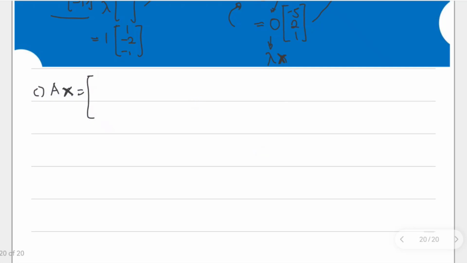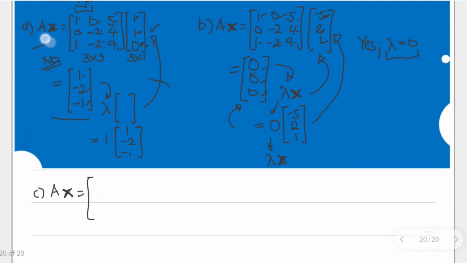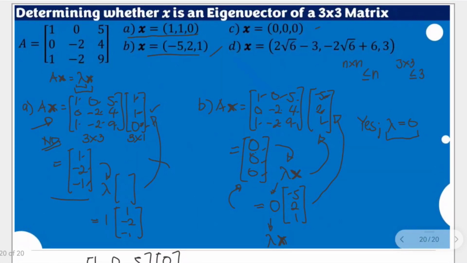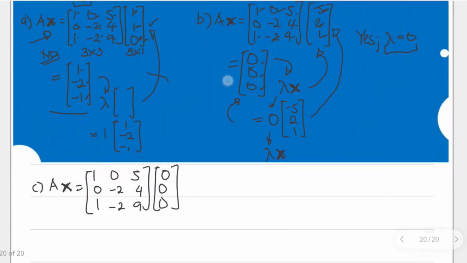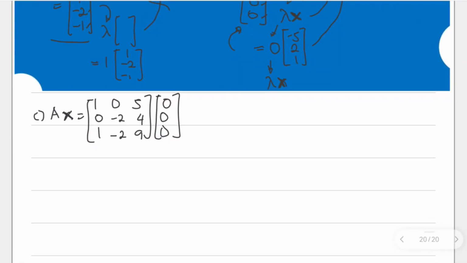So your A, 1, 0, 5, 0, negative 2, 4, 1, negative 2, and 9, with our 0, 0, 0 vector here. Now, if you examine this further, of course, the result will become 0, 0, 0, because whatever you multiply to 0 will return 0.